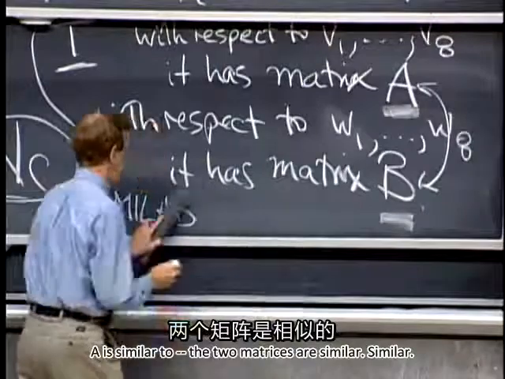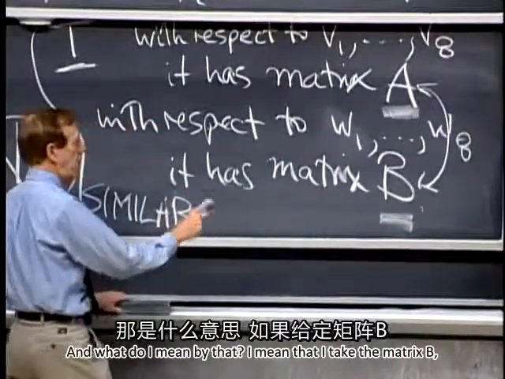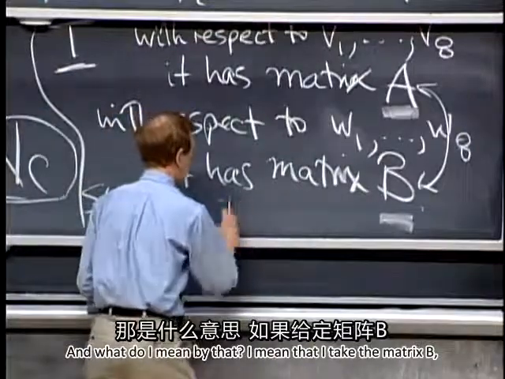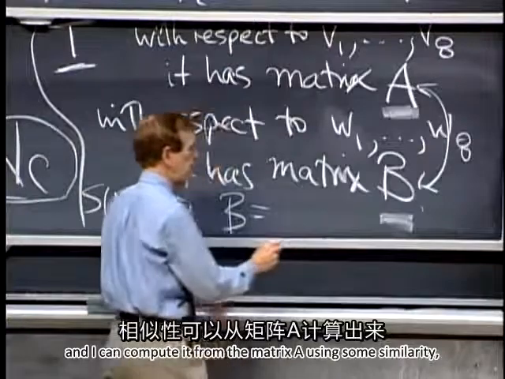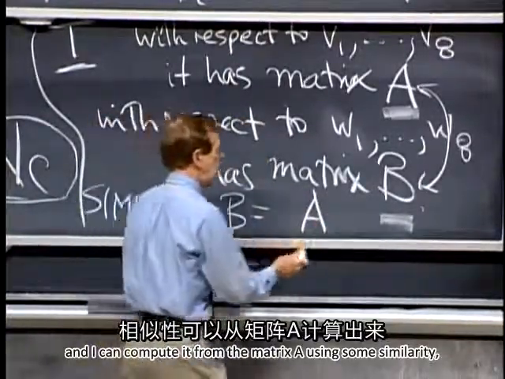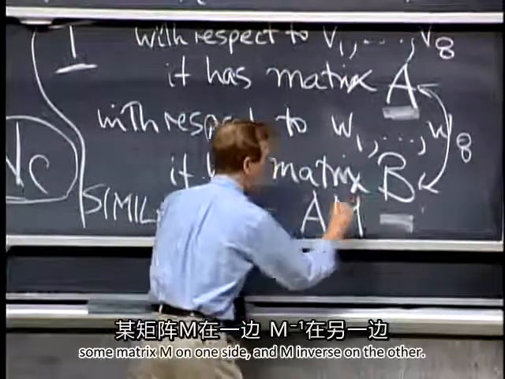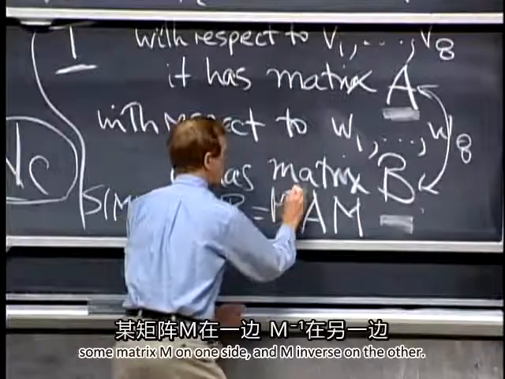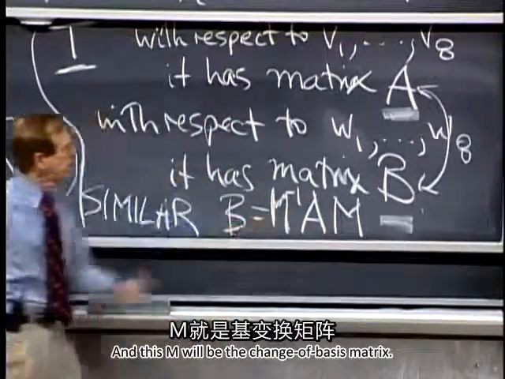What do I mean by that? I mean that I take the matrix B, and I can compute it from the matrix A using some matrix M on one side and M inverse on the other. And this M will be the change of basis matrix.